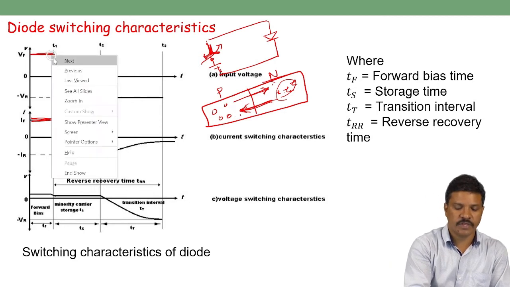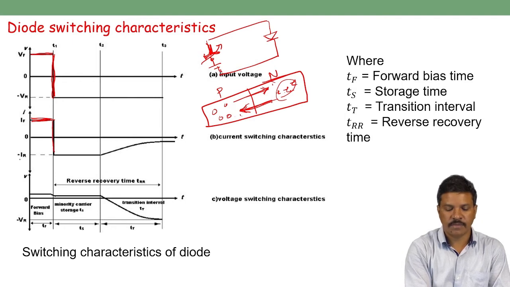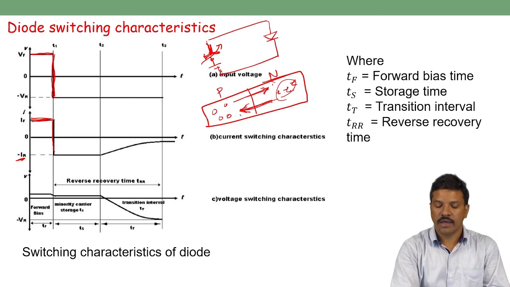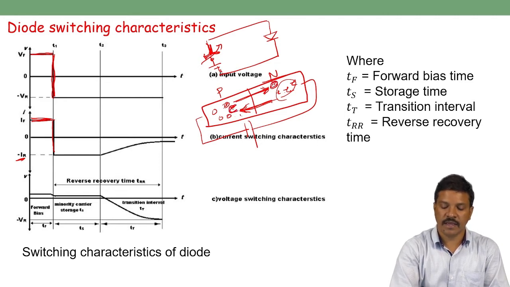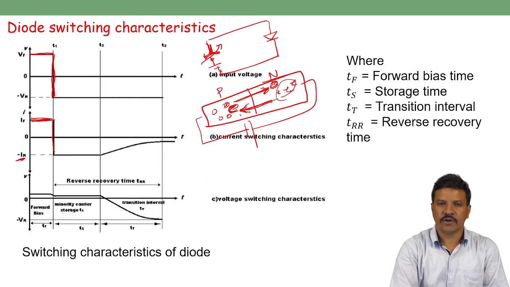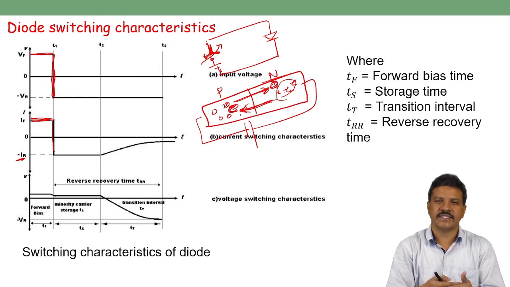Whenever it moves from this forward voltage to a reverse voltage, immediately the current in the PN junction diode shows minus IR, because the minority charge carriers, the holes in the N side and the electrons in the P side, try to get back to their original, steady state position.